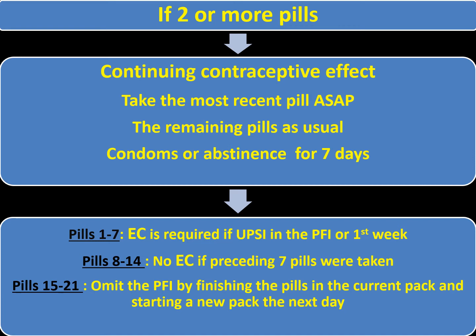And this is why if two pills are missed within the first 7 pills, we need emergency contraception if unprotected sexual intercourse occurred. With the second 7 pills, we do not need emergency contraception. With the third, omit the pill-free interval, finish the current pack, and start a new one the next day without a pill-free interval.